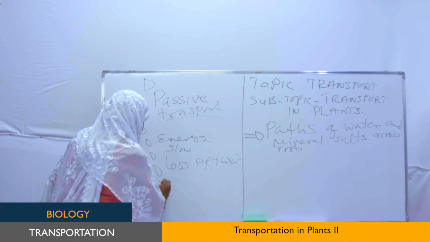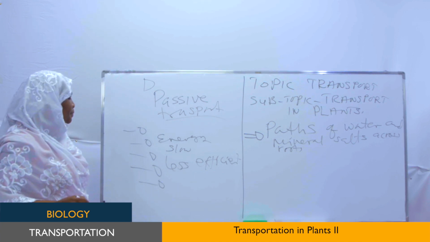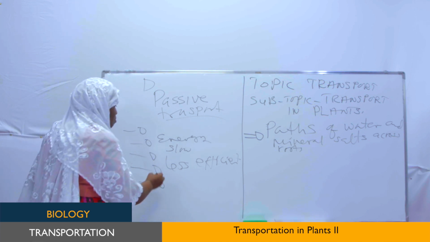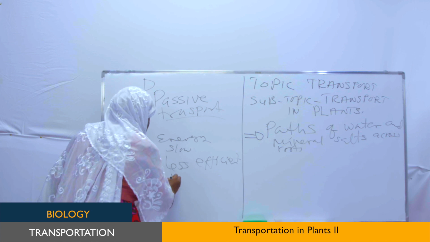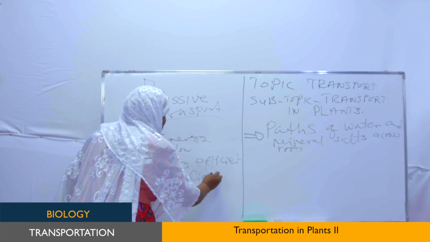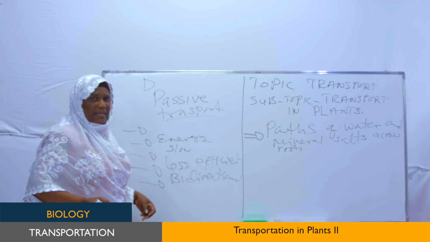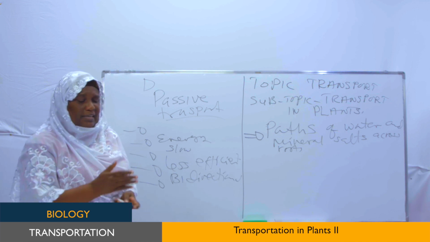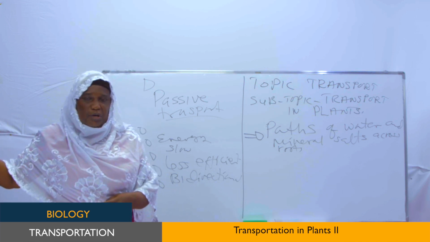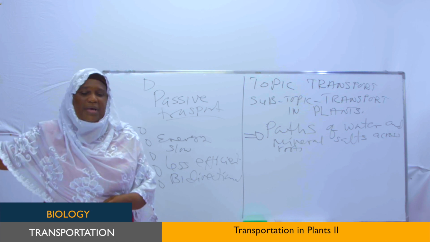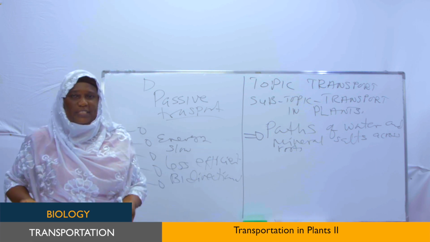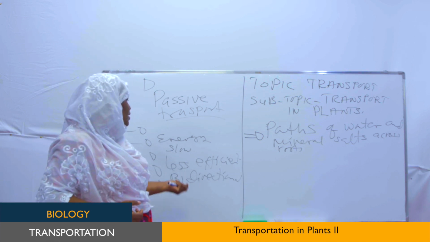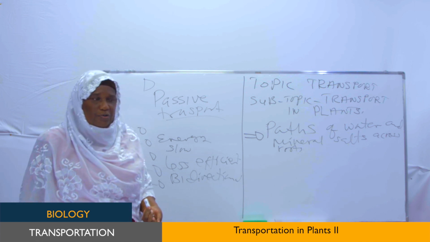And point number 4, it is bidirectional. Movement is bidirectional. I think you understand when I say movement is bidirectional. It means it can go to one side, but when the concentration there becomes big, then it can change to the opposite direction. That is why we say that movement of material is bidirectional.